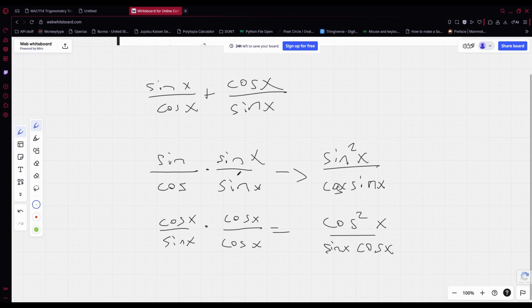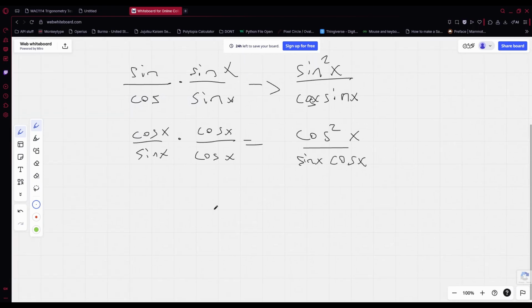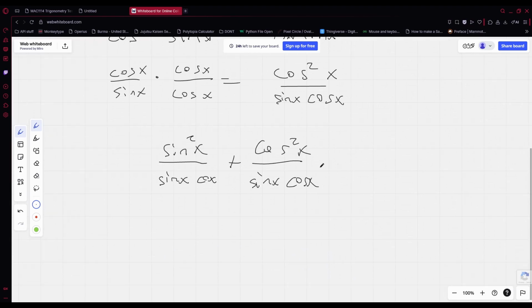And since we multiplied the same thing over the same thing, this is just 1. All we're doing is changing the numbers, but the actual value doesn't change. We're just multiplying essentially by 1 and giving them like denominators. So if I take these and I say, okay, sine squared x over sine x cosine x plus cosine squared x over sine x cosine x, you should already see where this is going.